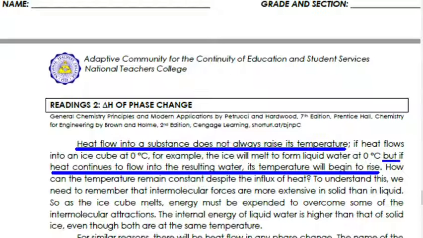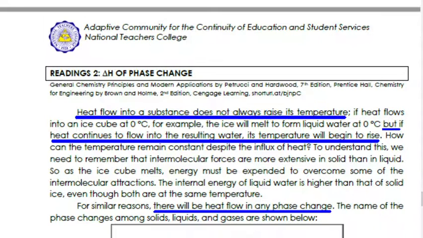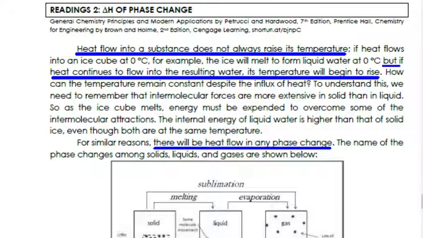For similar reasons, there will be heat flow in any phase change. So, this is an illustration of how phase changes from solid to liquid, liquid to gas, and from solid to gas, and the other way around, or its reverse reaction.